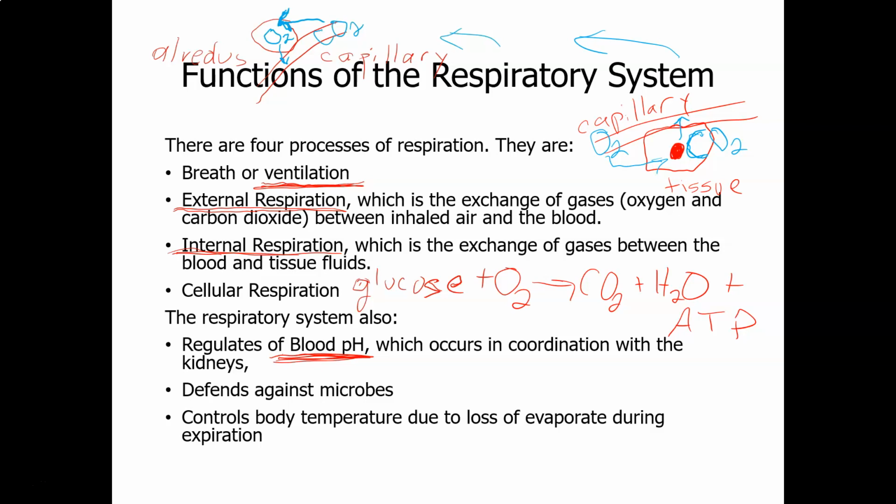Now, the more carbon dioxide in your blood, the lower the pH is going to be. So, if you have a low pH already, then that corresponds to a high level of carbon dioxide. Now, how do we get as much carbon dioxide out as possible? We hyperventilate.